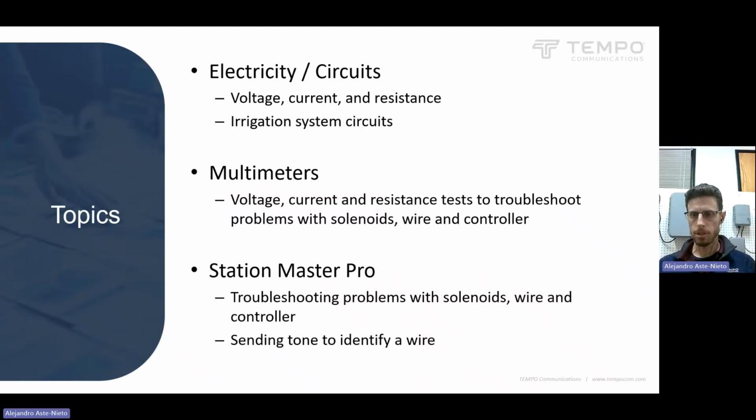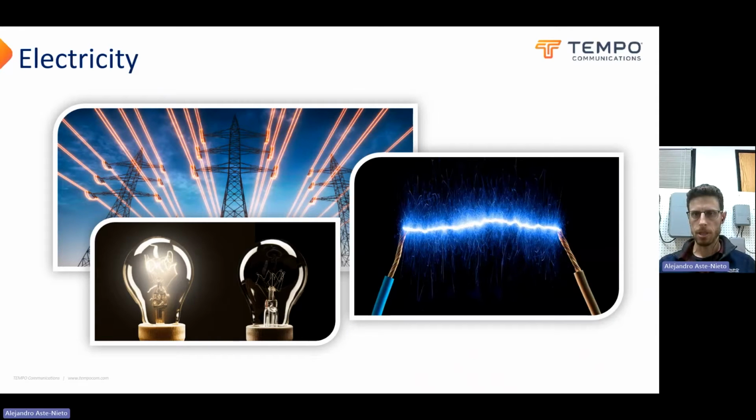So without further ado, let's talk a little bit about electricity. It's tempting to take a deep dive way too far into electricity, but just to go over the basics and put some things in context.